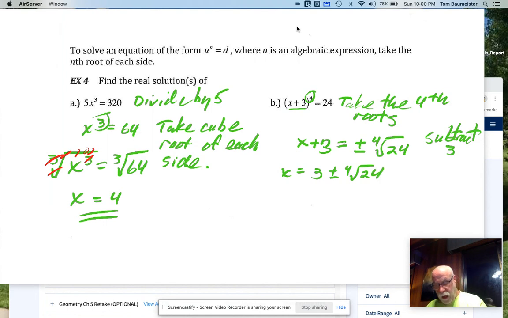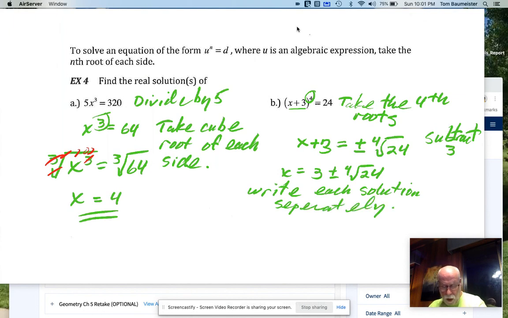Okay. And write each solution separately. So I'll have x is equal to, and that should be negative, right?